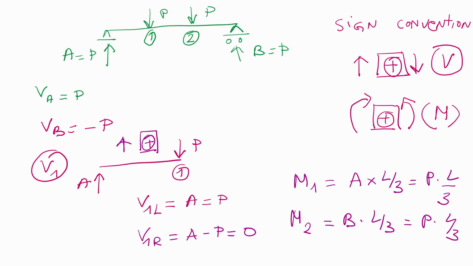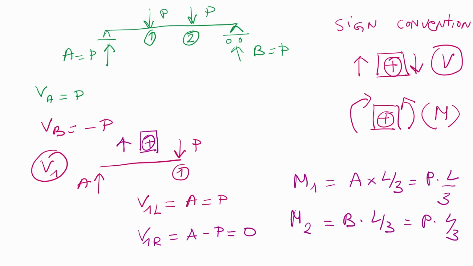Regarding moment, if the moment from the left side is clockwise, we say that one is positive. And if you are cutting from the right side, we have counterclockwise moment to be positive, or it tends to bend the cross section where the top fiber will decrease in length and the bottom fiber will increase in length.